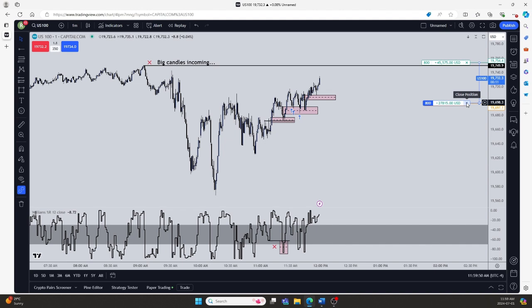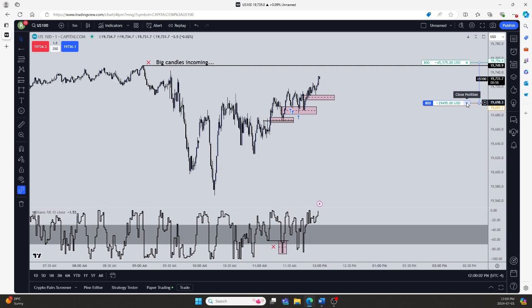Let's see if we can get up there. We want to see this next candle continue with speed. Power of 3 opens, pushes down. And then now we want to see this thing fly towards the take profit.